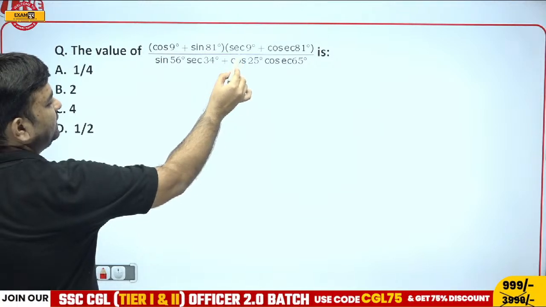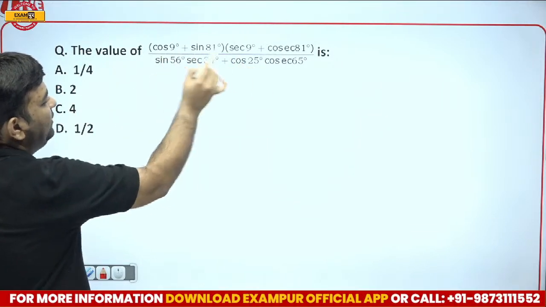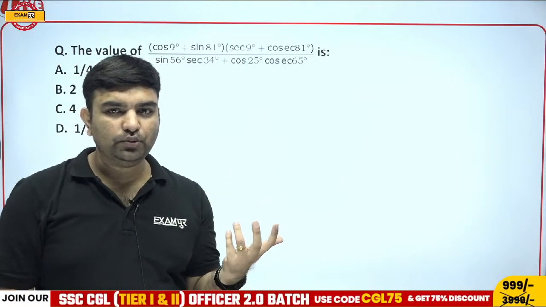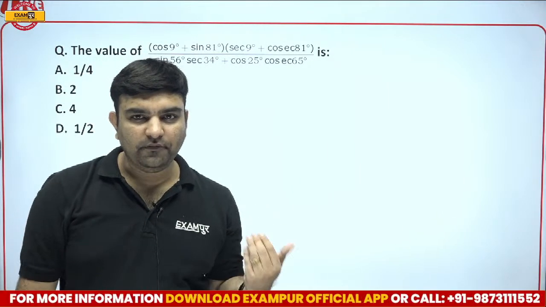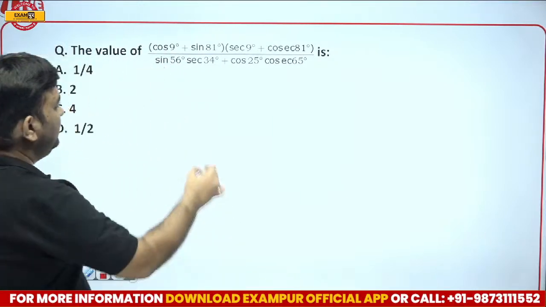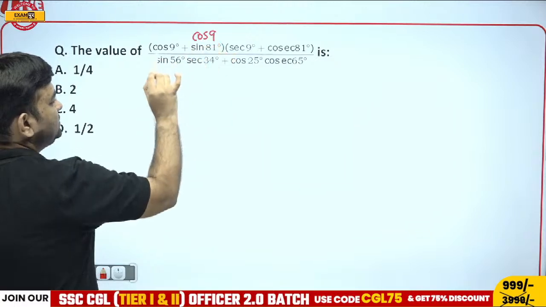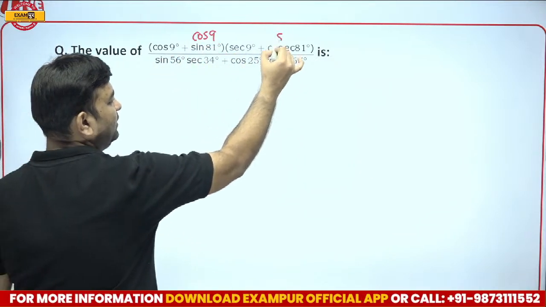Okay. Sec, cosec, sin, cos. I'm converting them into a single identity so that they can cancel out each other. Writing sin 81 as cos 9. So cos, cos. Convert here everything into sec, sec.